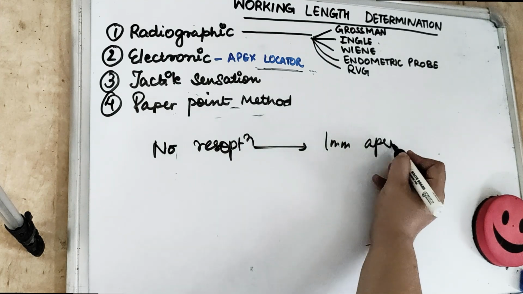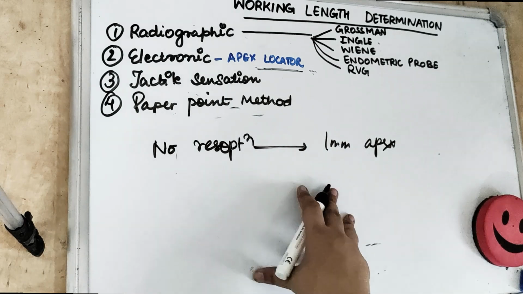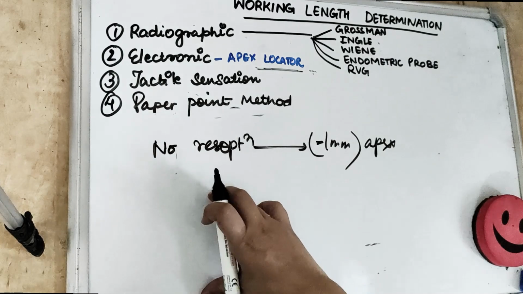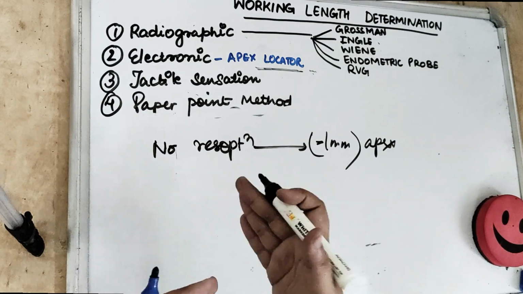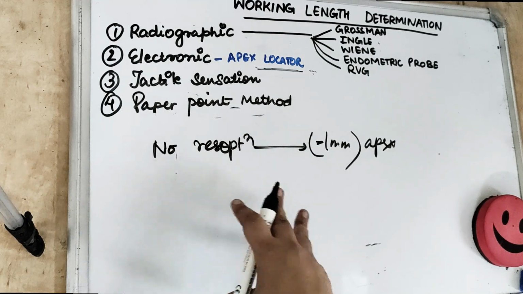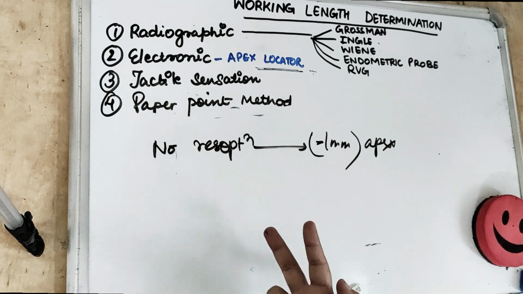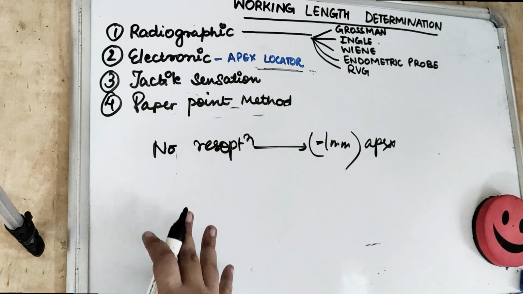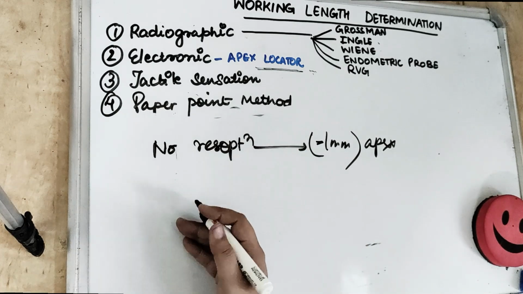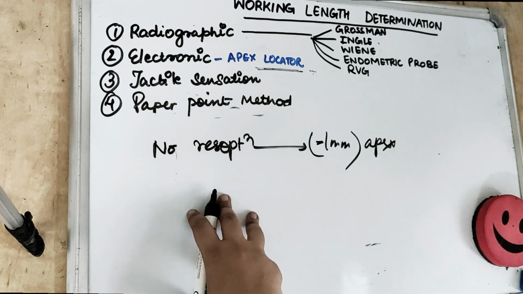Why do we reduce 1 millimeter? Because we want to obturate till the minor constriction, because the anatomic root and the actual radiographic root are two different things, and we want to obturate not beyond the apical foramen but up to our cemento-dentinal junction, or we can say up to the minor constriction.